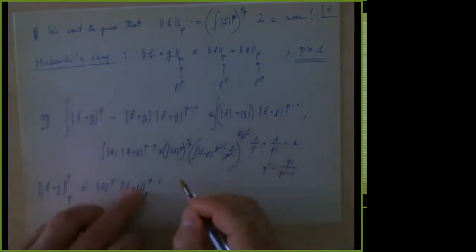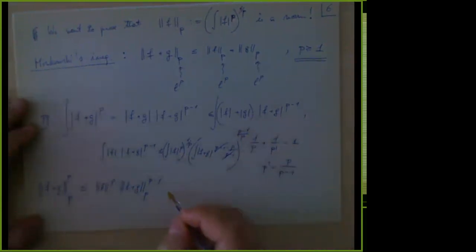Now let us read. So this is the 1 over p to the power p minus 1. So this is p minus 1, right? So power p, power 1 over p is the norm of f plus g in p. And then we have an exponent p minus 1 that I put here. And we have exactly the same term, but with a g that I write here. Sorry, the p was downstairs.